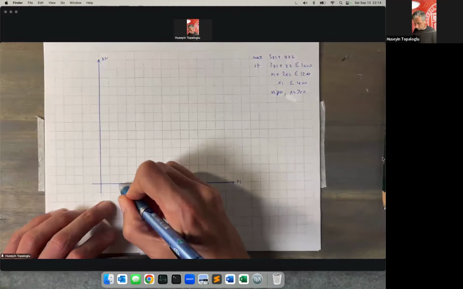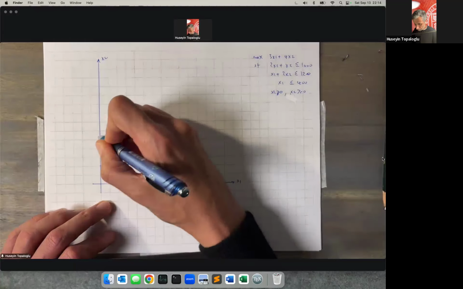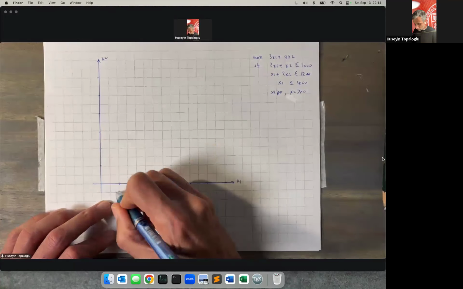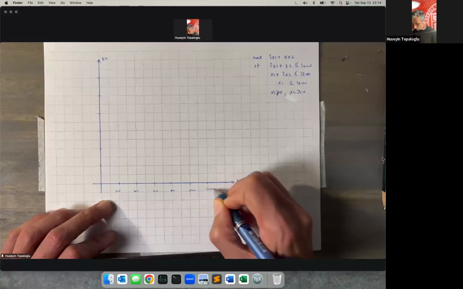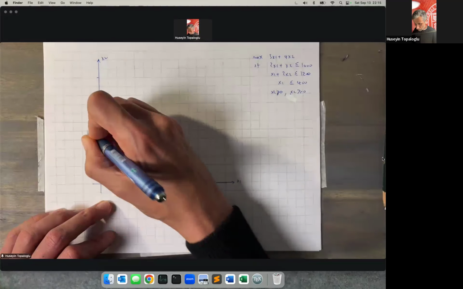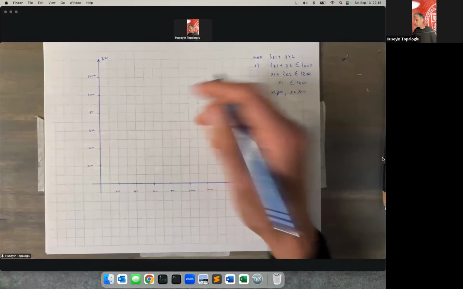The axes are x1 and x2, with ticks at 200, 400, 600, 800, 1,000, 1,200.